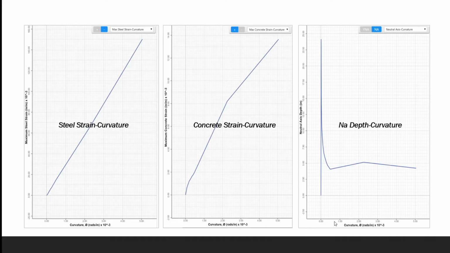And as you can see from this graph, it actually becomes more or less constant when the beam has lost its capacity, and it's basically relying on the rebars at the top and bottom, and concrete has primarily gone. So that gives us some idea of how many of these quantities can be computed from the same moment curvature calculations or relationship that we have seen.